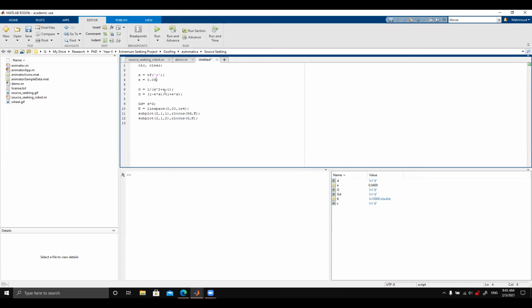Now, because the actual delay in the system we know is 2 times epsilon, we are simulating the effect of adding a delay of 0.16 seconds, okay? Let's see what happens when we increase that delay.